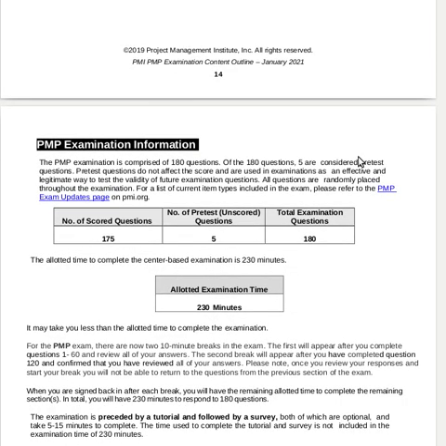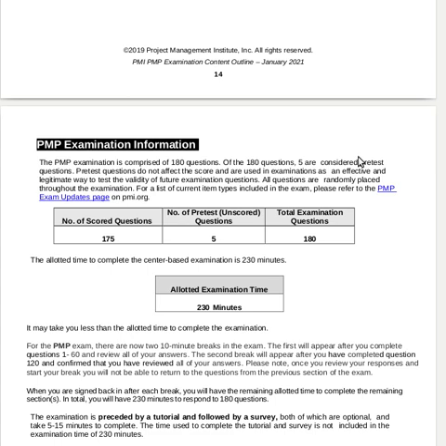PMP examination information is there. For example, the exam consists of 180 questions, okay, and 5 questions are pre-test. So pre-test means that it is not calculated, it will not impact your exam outcome.